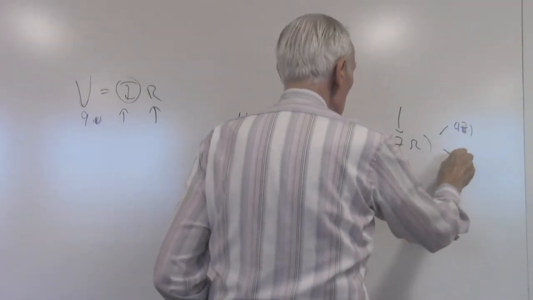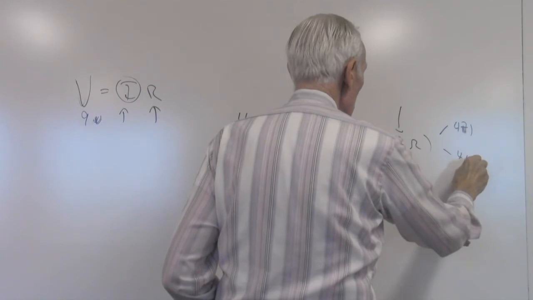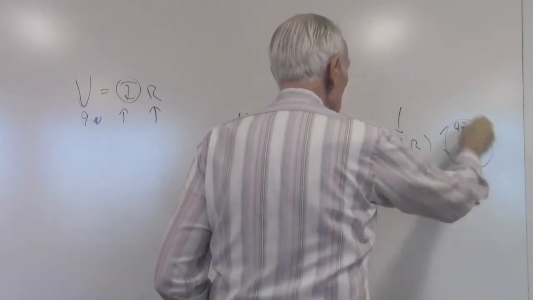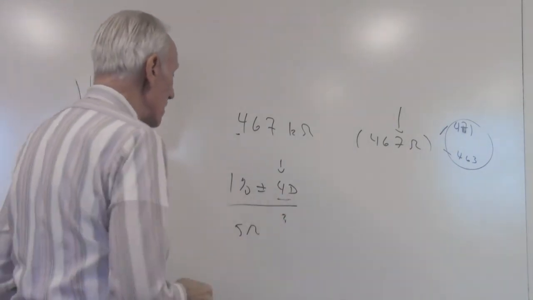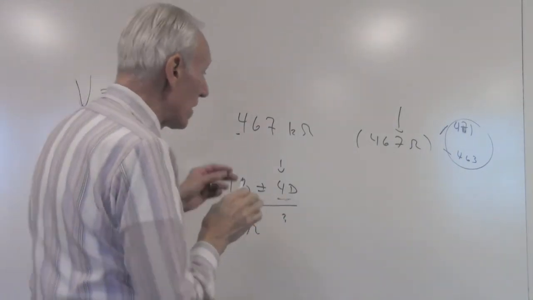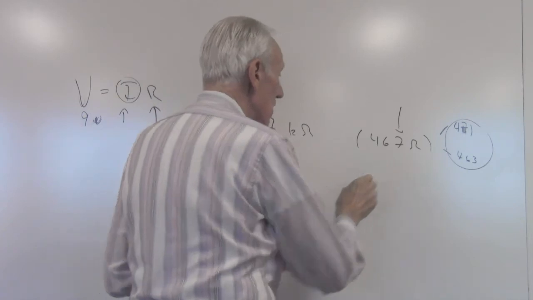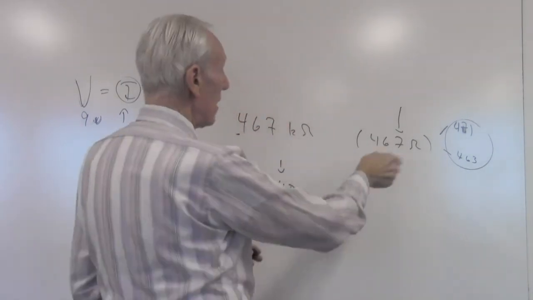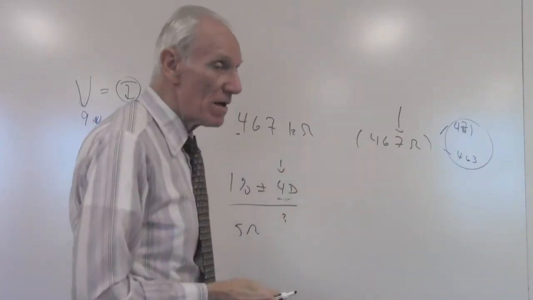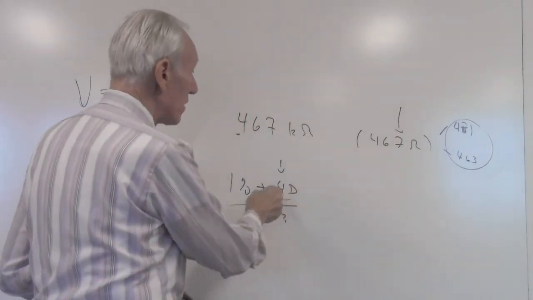471 to 463. So that's the range that it's going to measure in. So 4D means 4 digits in the lowest value digit showing on the screen. That's why you want to put as many digits on the screen as you can, because this gets pretty bad.